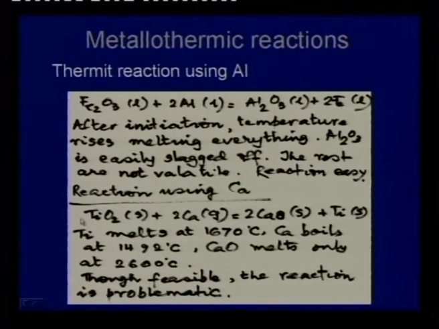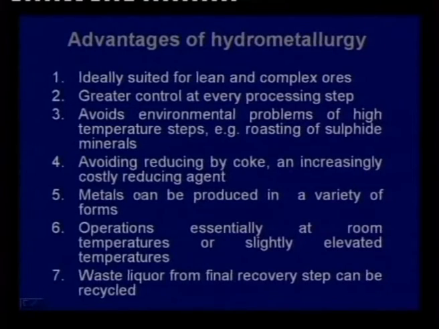So, it will require a bomb or a closed chamber. Titanium melts at 1670 degrees, calcium boils at 1492, calcium oxide will melt only at 2600 degrees. So, there is a mismatch of melting points and boiling points. This sort of thing will not form the basis of a metallurgical operation.